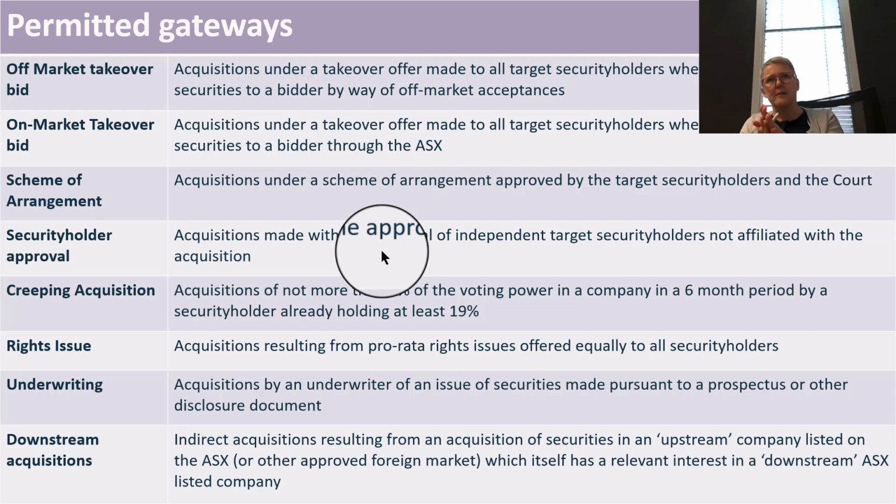And then downstream acquisition. So an indirect acquisition resulting from an acquisition of securities upstream, which itself has a relevant interest in a downstream listed company. And again, because there is disclosure at the key transaction, the transparency objective is met.